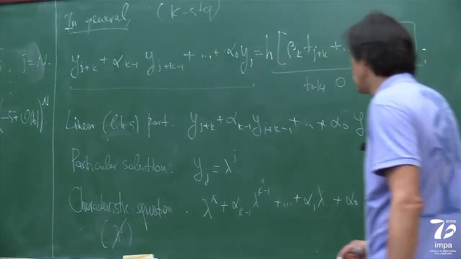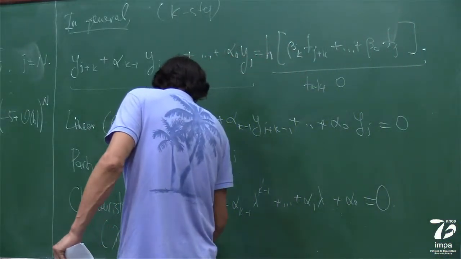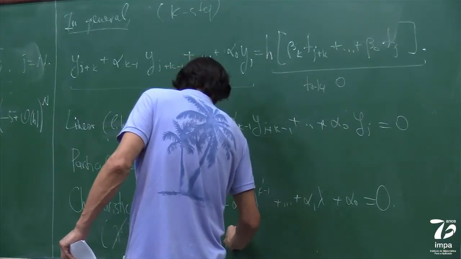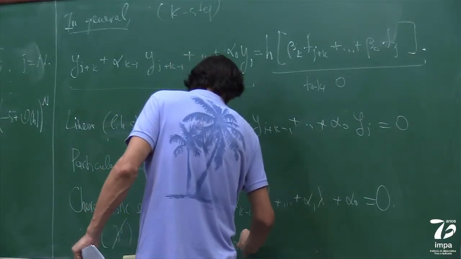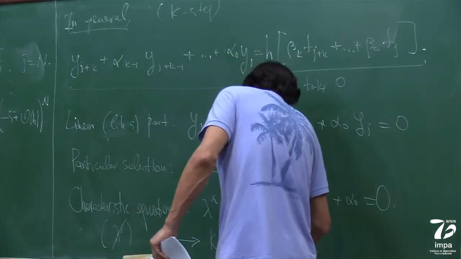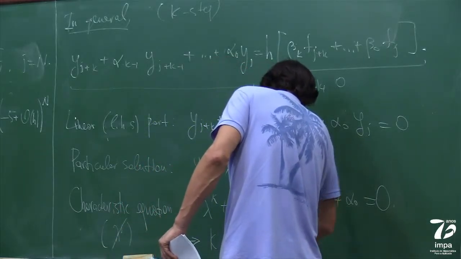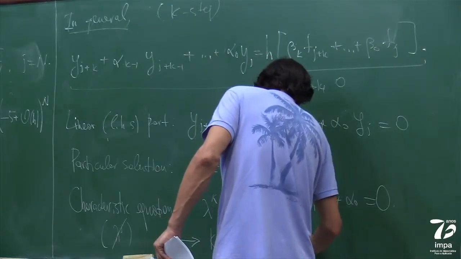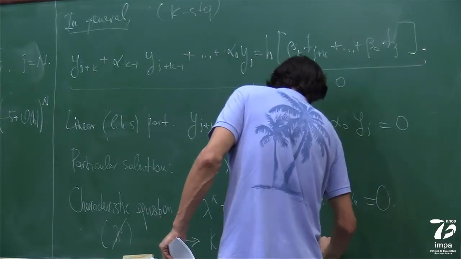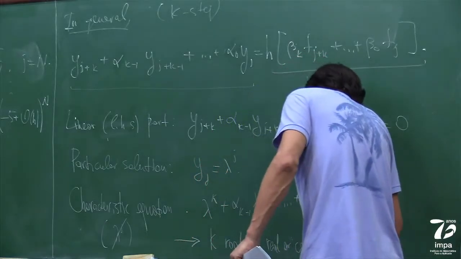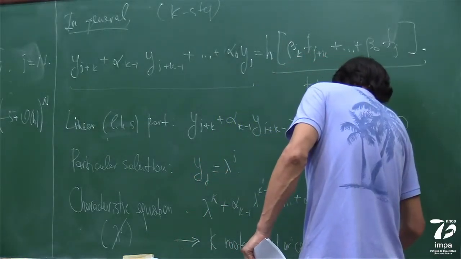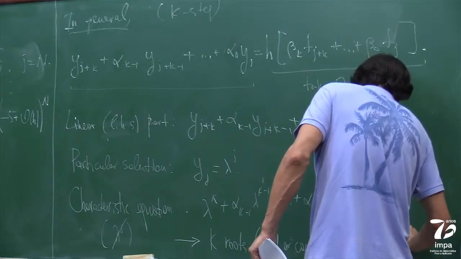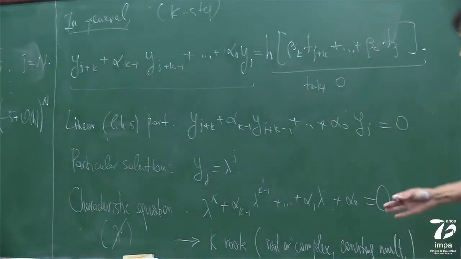In principle it gives you k roots, which can be real or complex, counting multiplicities. So the same root can appear several times, but if you count them correctly, this is k roots.